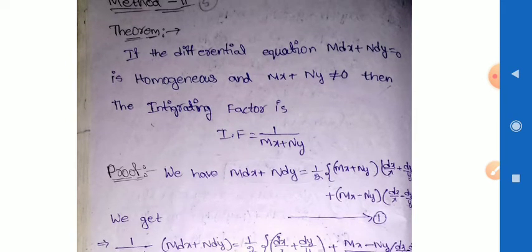Now the theorem is given. If the given differential equation M dx plus N dy is equal to 0 is a homogeneous differential equation, and Mx plus Ny is not equal to 0, where M and N are functions of x and y, then multiplying M with x and N with y and adding, we get Mx plus Ny not equal to 0.